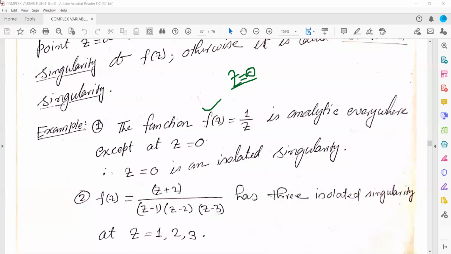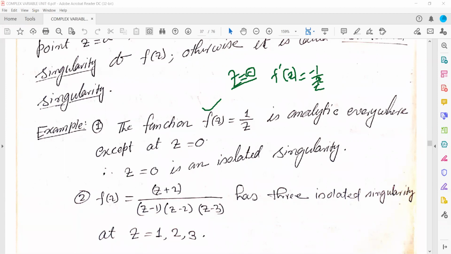Now, whether this z equal to 0 is an isolated or non-isolated singularity. If you find f dash z, it will be minus 1 upon z square. So this f dash z exists for each and every value of z except z equal to 0.